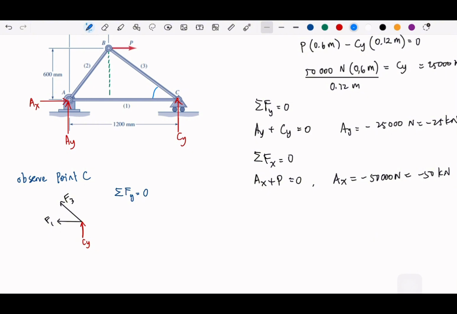But since the triangle is not a right triangle as usual, we are going to use the other angle. And we have another one here.